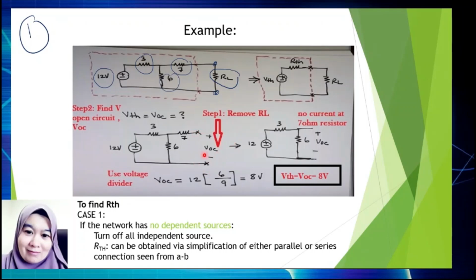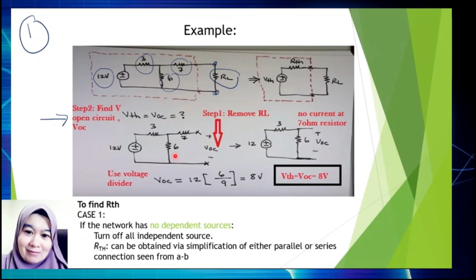Since there is an open circuit here, no current flows through the 7 ohm resistor. That means the open circuit voltage is the voltage across the 6 ohm resistor. Then you can use the voltage divider rule and get the value of the voltage at the 6 ohm resistor.